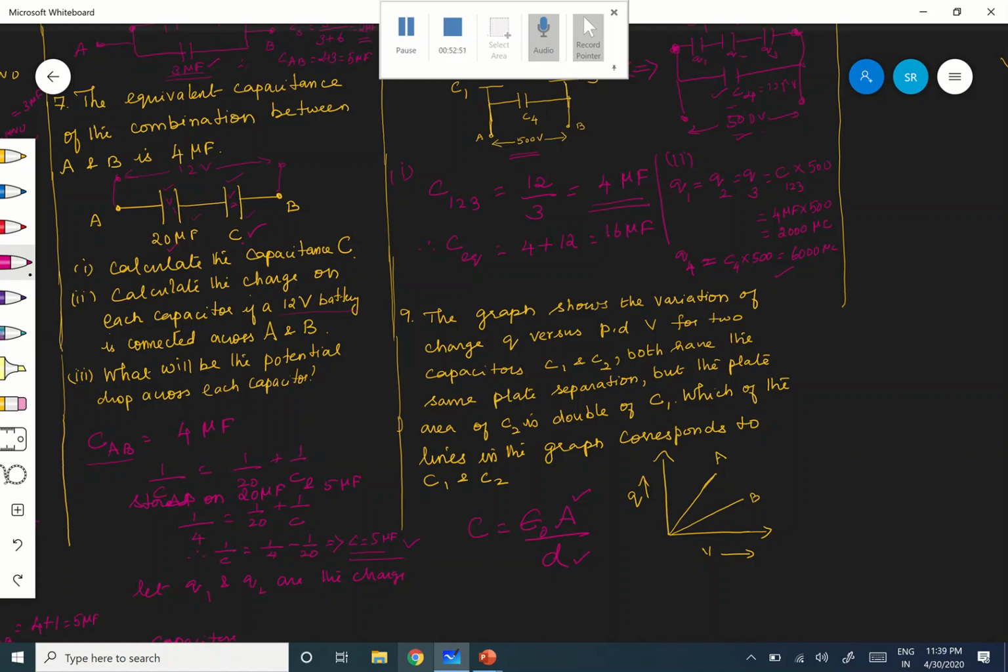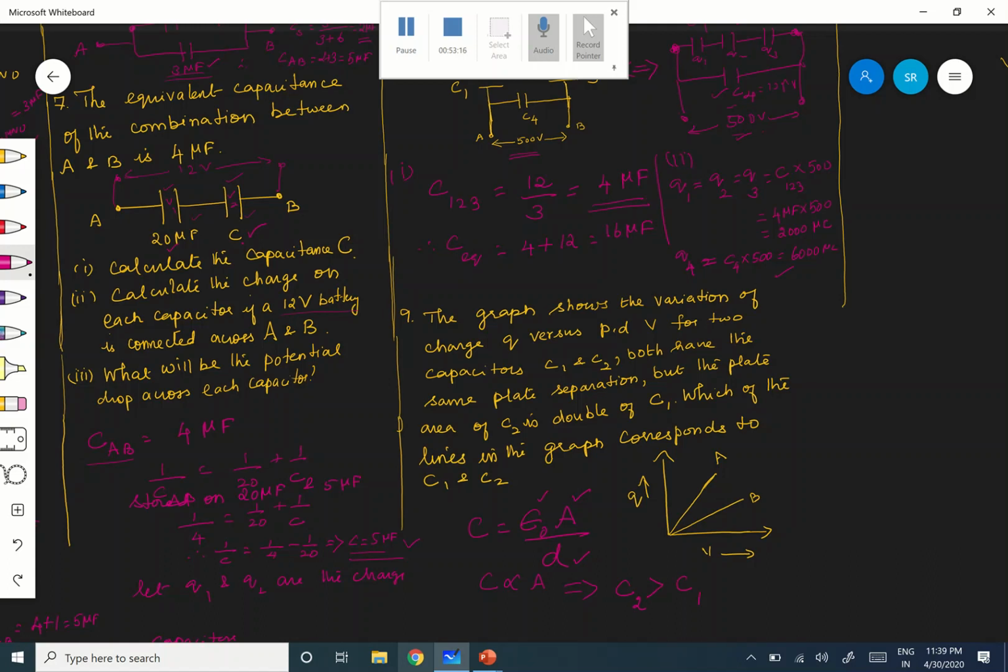Therefore, you can say that C is proportional to A, na, because epsilon naught is a constant and the separation D is the same for both. C is proportional to A. That implies C2, having more area, has to be more than C1.